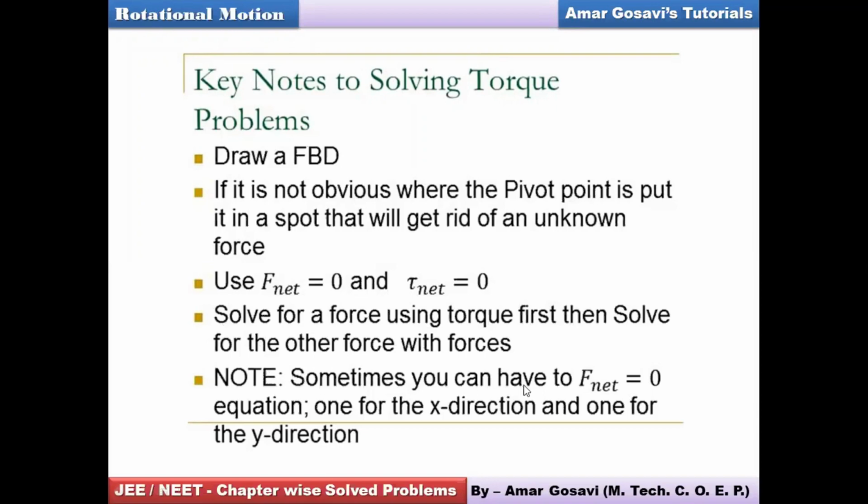Sometimes you can have the F net equal to 0 equation only for the x direction or only for the y direction for a given situation. So the problem will decide in which direction, along x or y, you want to apply this condition. Please make a note of these steps for solving such kind of questions. Please let me know if you are done with it.